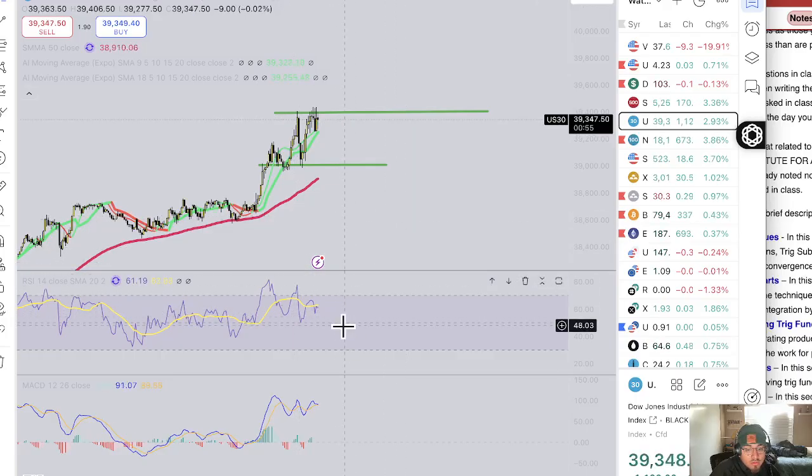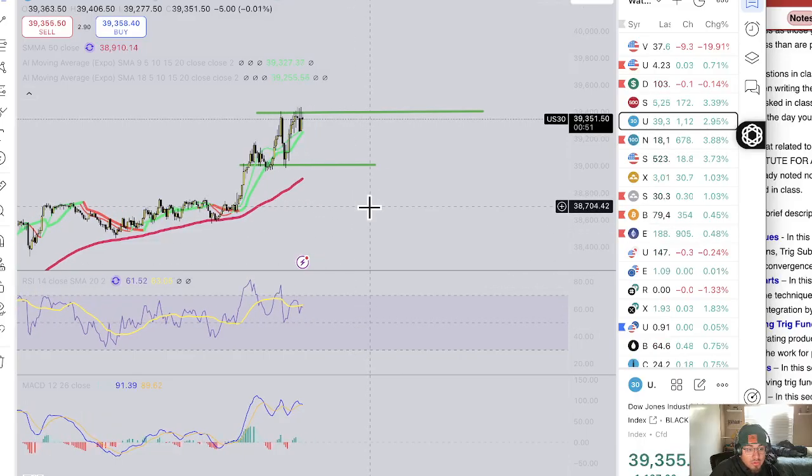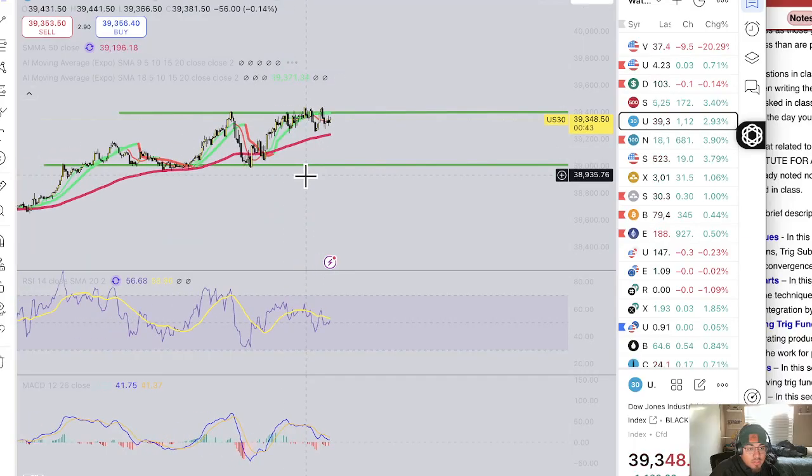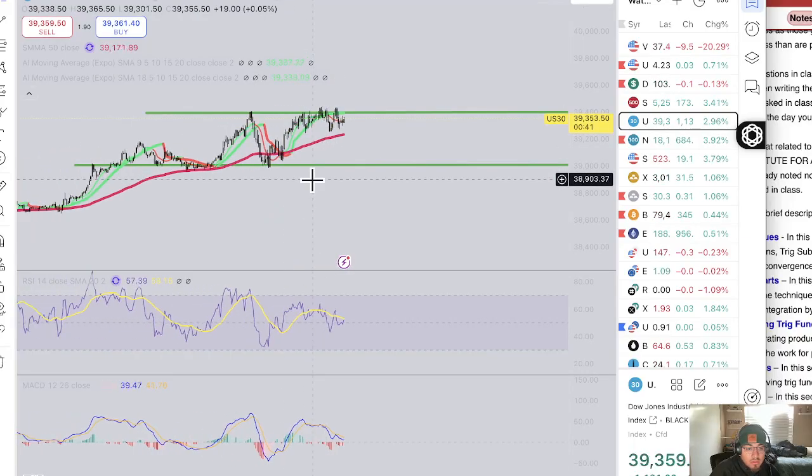If it goes under 50, we'll see a major sell. Not a major sell, but maybe a small sell. But like I said, we're in a downtrend, so I'm considering it to be most likely a sell-off.